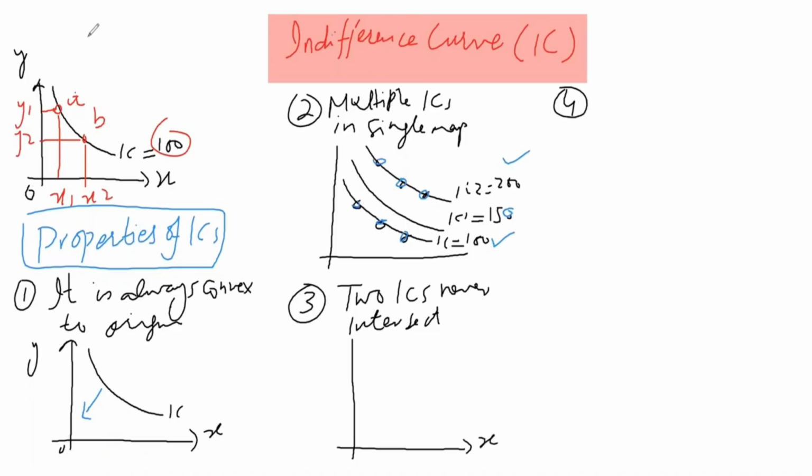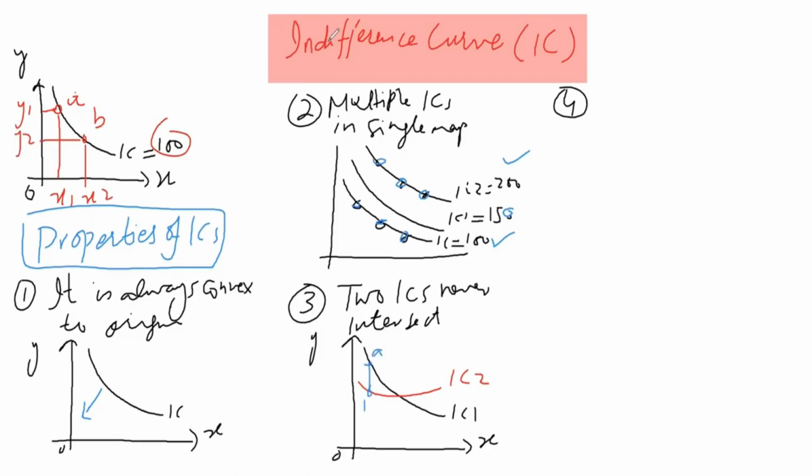Next are the properties of the indifference curve. The first property is that it is always convex to the origin. Convex to the origin IC curve means that every combination will give the same level of satisfaction. You can relate this concept with the unitary demand curve, which you discussed in AS level.